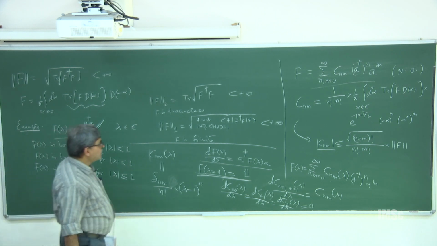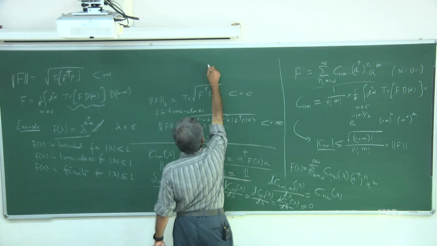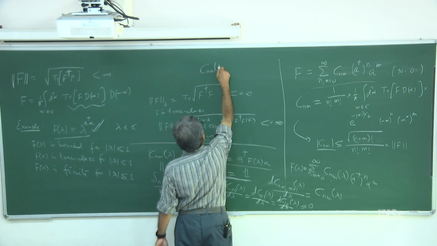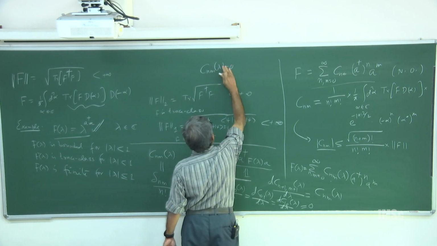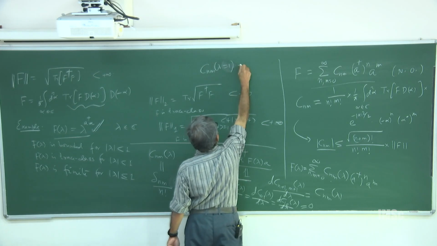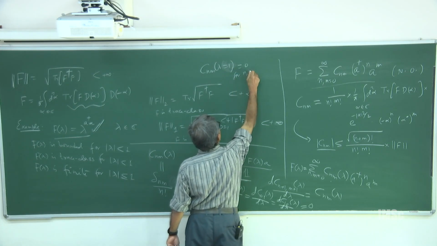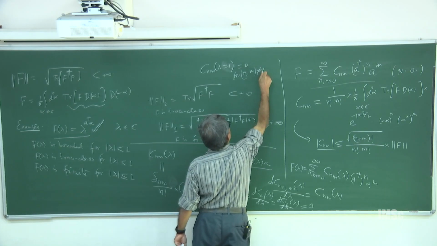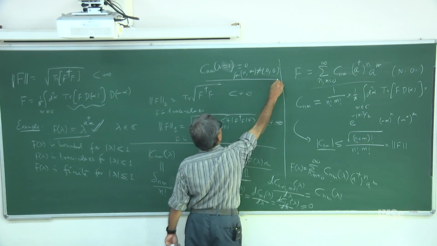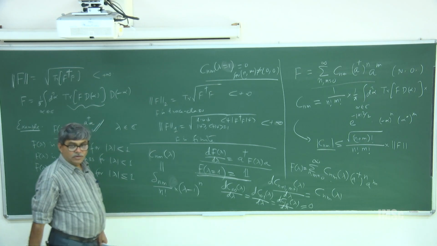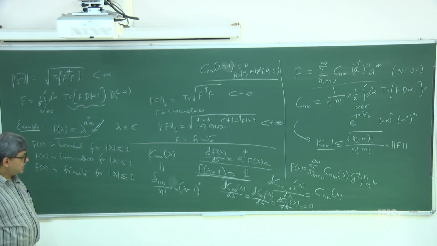So what I am saying is C_nm(λ) at λ equal to 1 is 0 for n, m not equal to 0, 0. Is that clear?